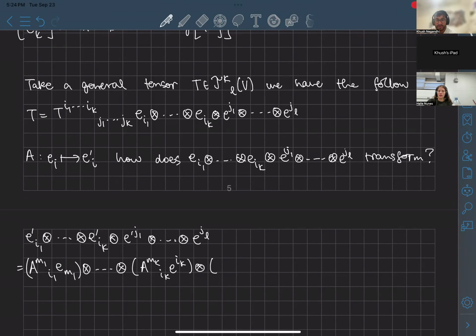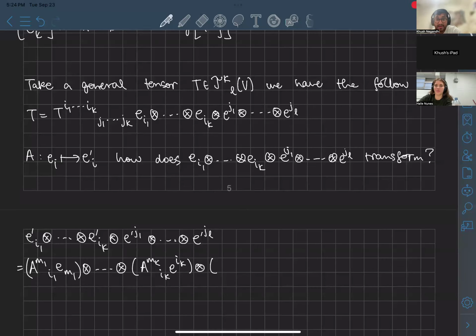Sorry, the inverse. Yeah, in the last factor it should be e'^{jl} instead of e^{jl}. Oh, that's a typo. Okay, thank you. Thank you for that.